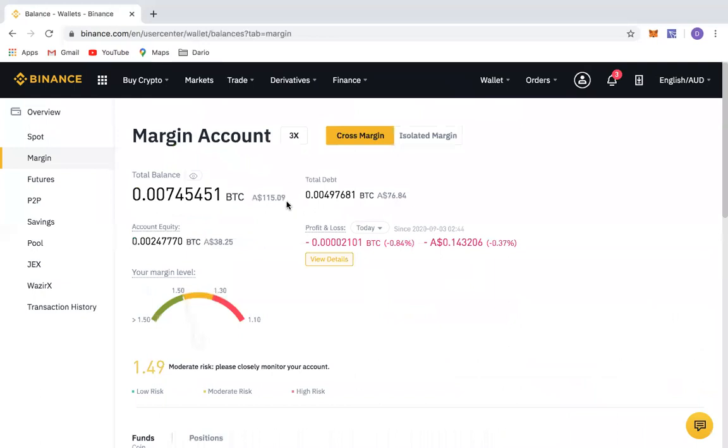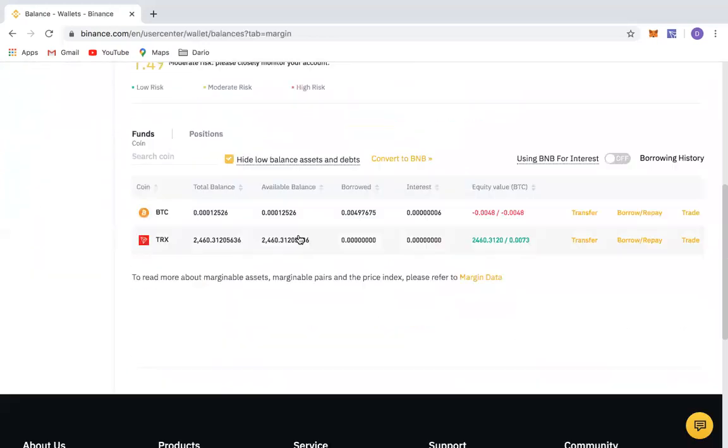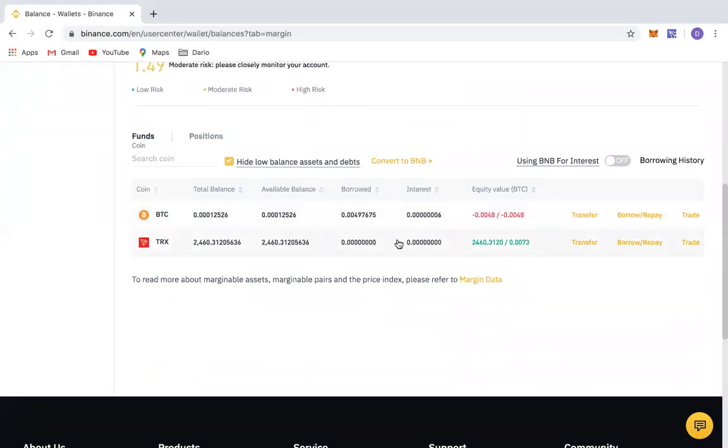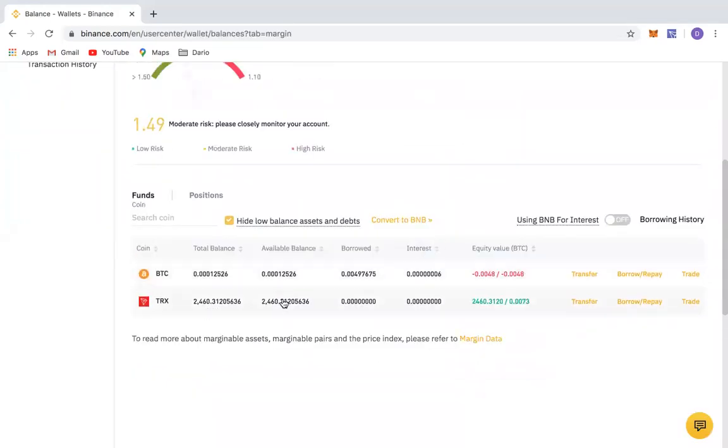So you can see my account balance is 115, which is 3 times 38. I have almost no Bitcoin, and I have 3 times the amount in TRX. So I'm in a position in TRX with Bitcoin that I borrowed and my own capital. If I want to check this position, it's not like the futures where I can see my screen with my profit and loss while I'm trading.